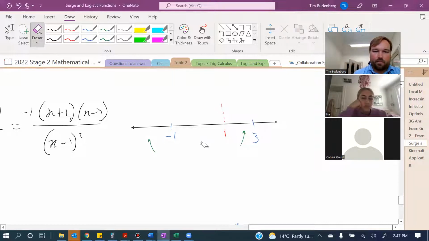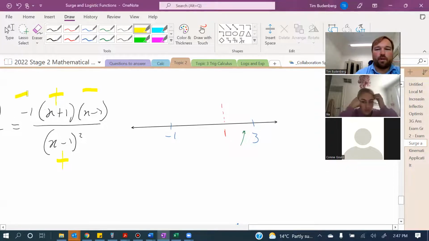Let's do this one here. I would sub in a number between −1 and 1. I'd sub in 0. And while you're subbing it in, I would just put a sign above each of these brackets. If I subbed in 0, that one will be positive because it's 0 plus 1. This one will be negative, and that one will be positive because the square makes it positive.